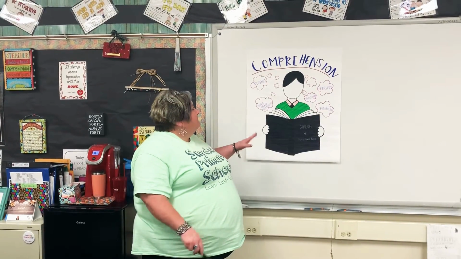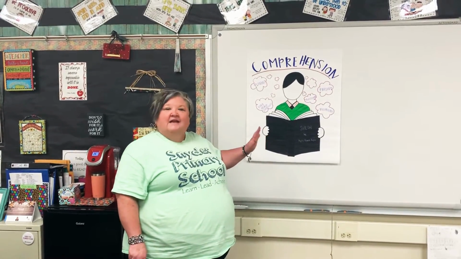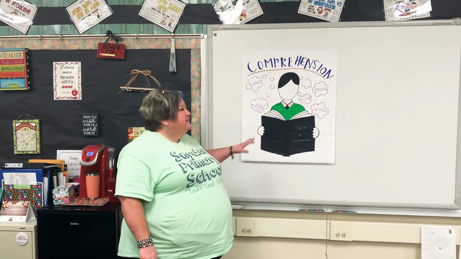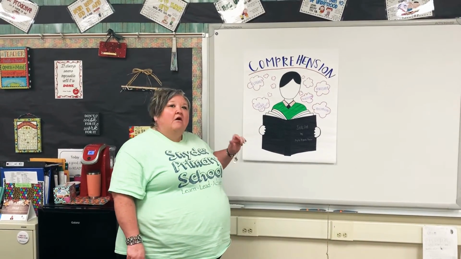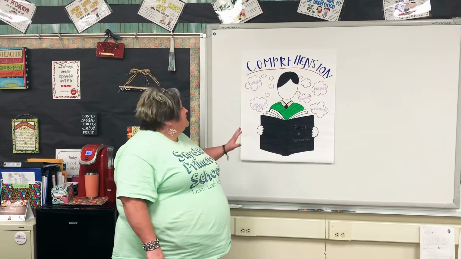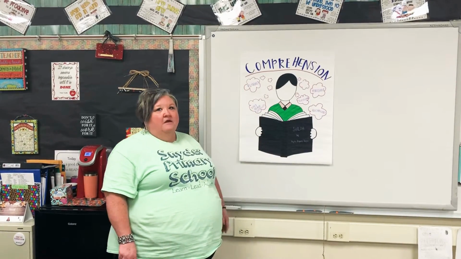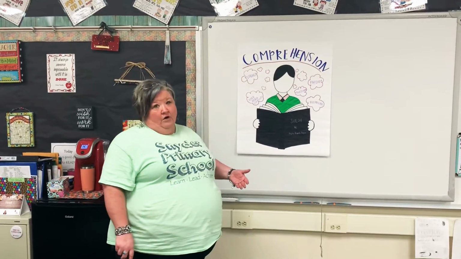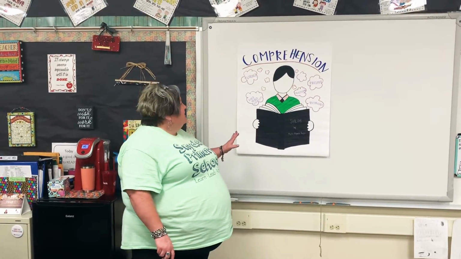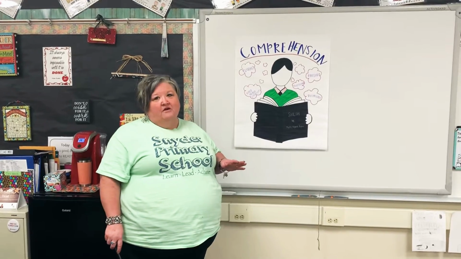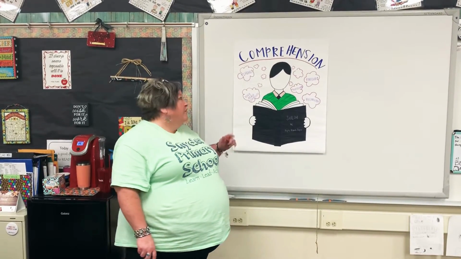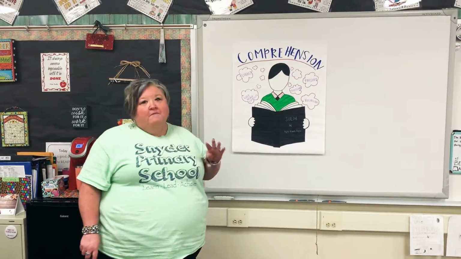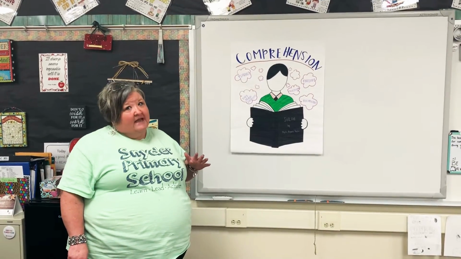So our anchor chart today is to help you understand where we're headed with 2R, whites, and blacks. So we're in comprehension. Comprehension, of course, means understanding of a written word. There are several categories under comprehension that are important, but we're going to go over 4 main portions of it, plus an added benefit.